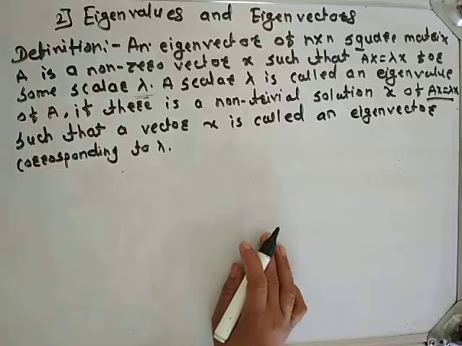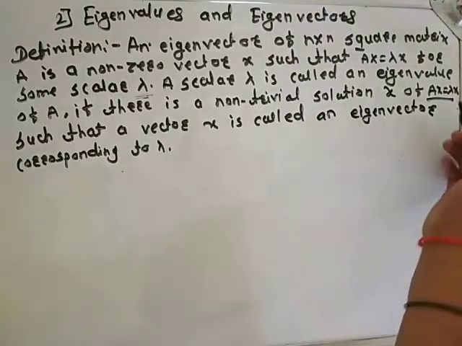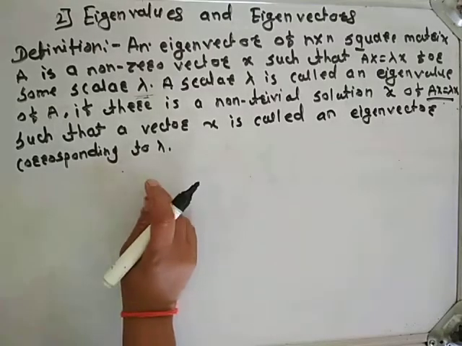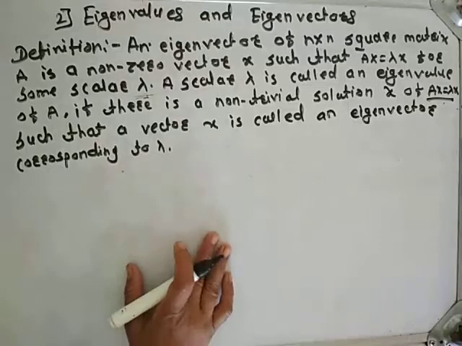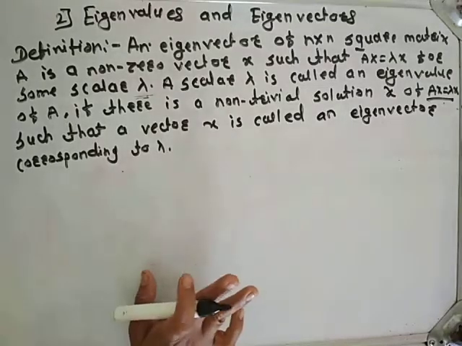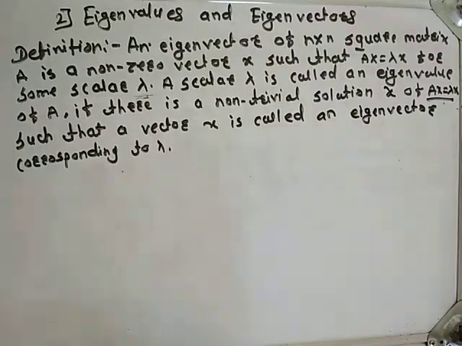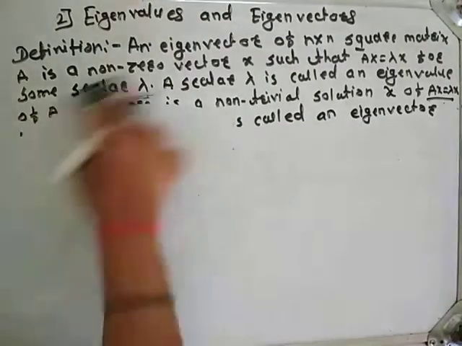The vector equation Ax = lambda x is very important to determine if a given vector x is an eigenvector of a square matrix A or not. Okay. Now we will see an example.